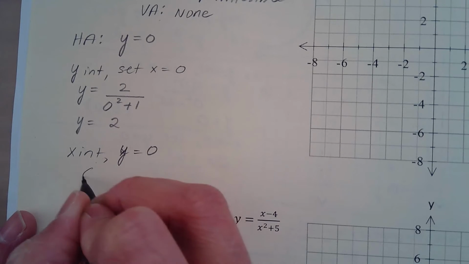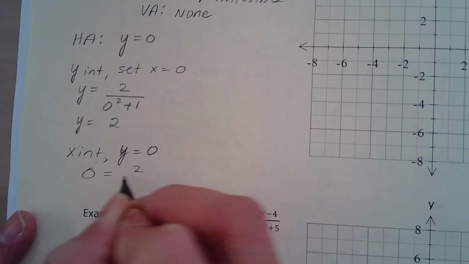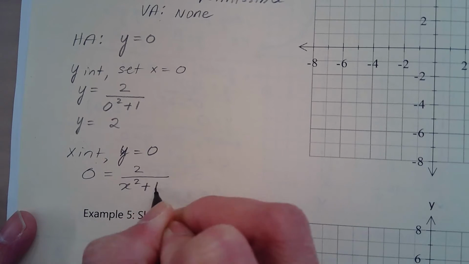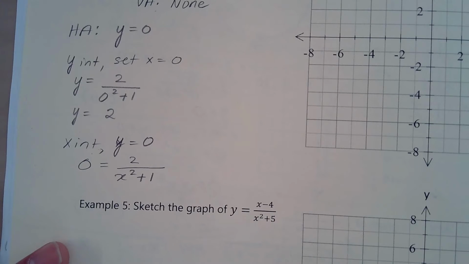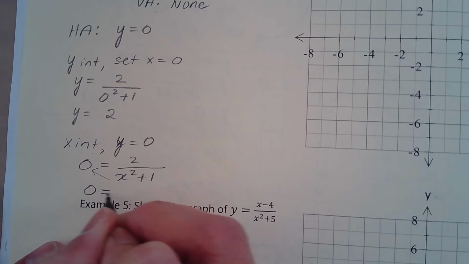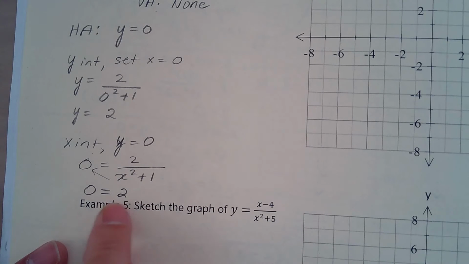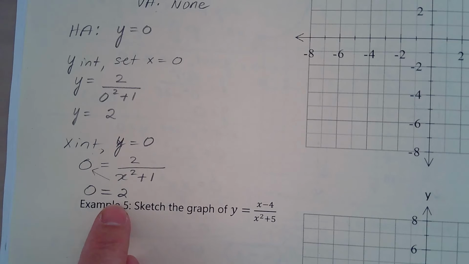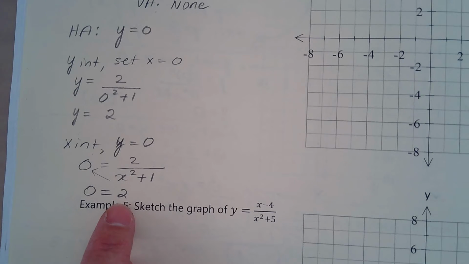So 0 equals 2 over x squared plus 1. And then we're going to cross multiply that, and we're going to end up with 0 equals 2, which is completely not true. So that shows you there's no x-intercept, right? Because it's not a true statement.